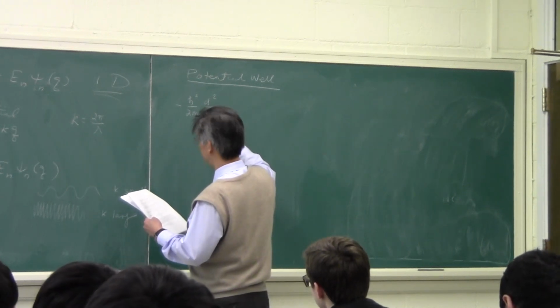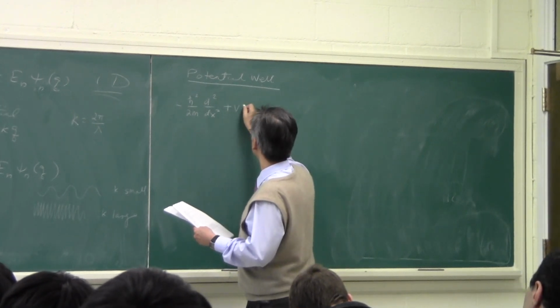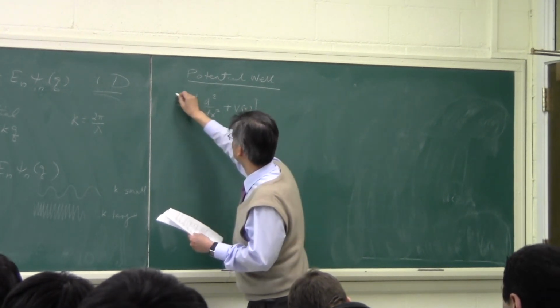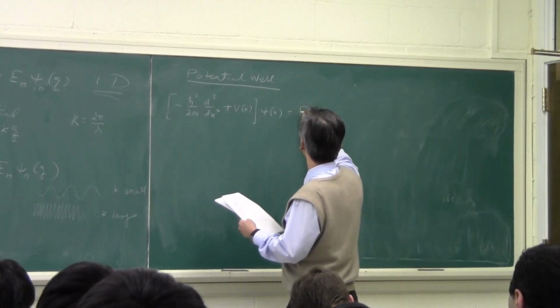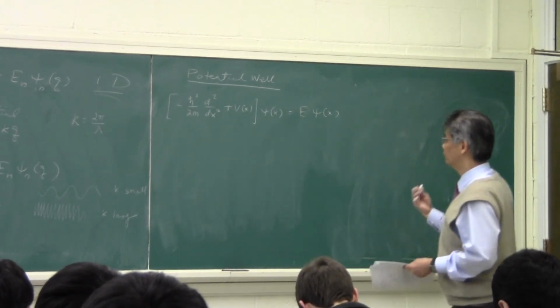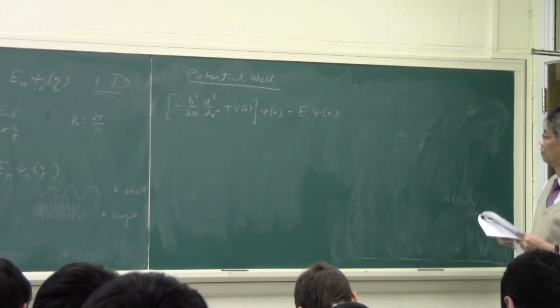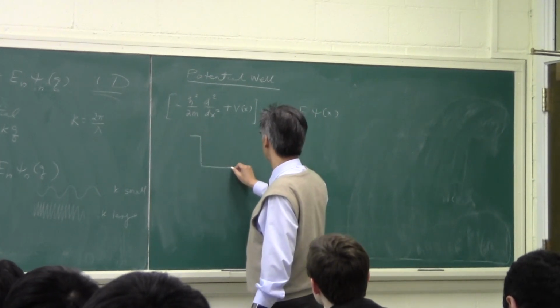I change my notation to x from q from this point onward, because x is often used in other courses as well. And let's think about solving this problem now, where V(x) can be something that looks like this.